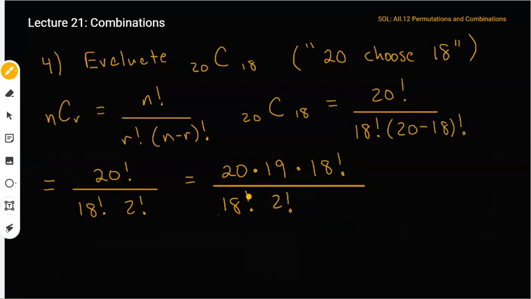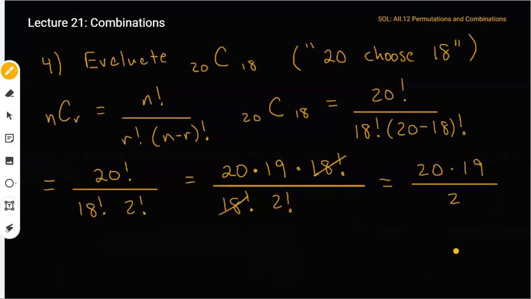So this 18 and this 18 are going to cancel each other out. I'm going to have 20 times 19 on top, whatever that number is. And 2 factorial is 2 times 1, which is just going to be 2.